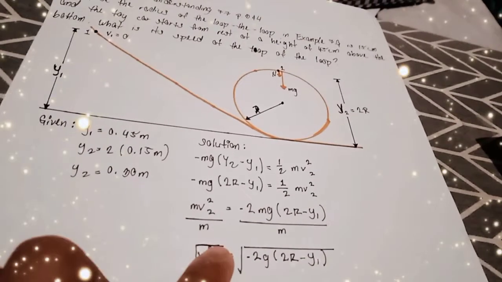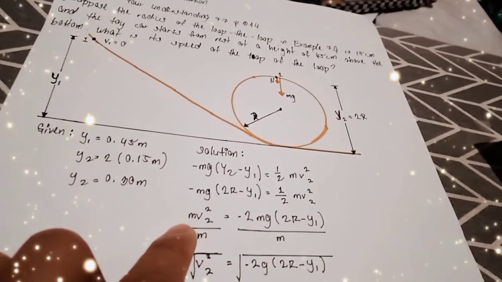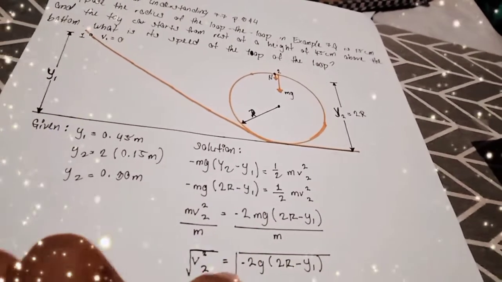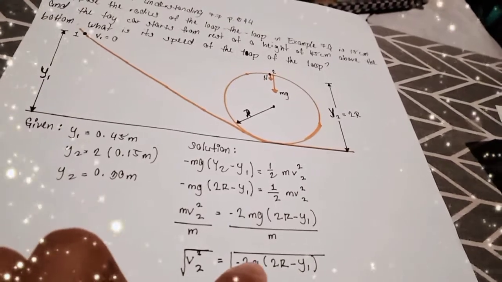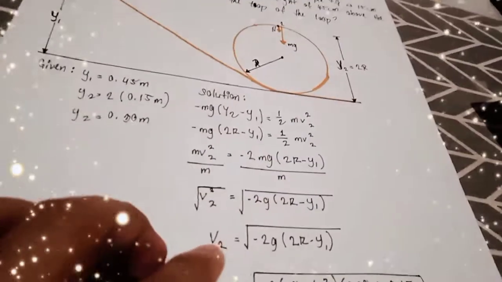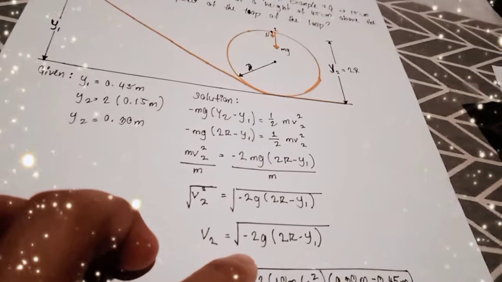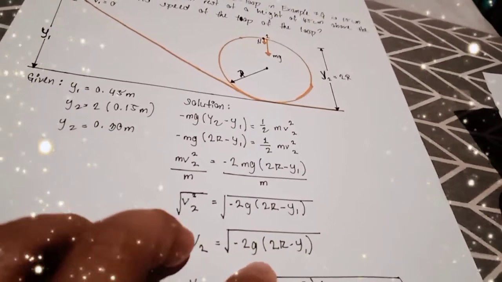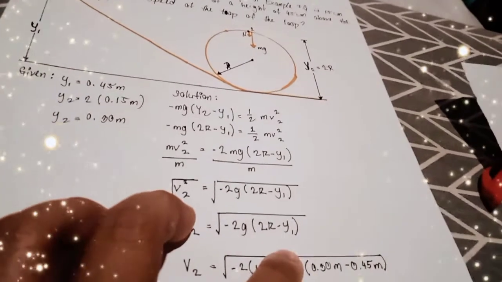The m and m cancel out, so what remains is g. Next is v equals the square root of negative 2g times 2r minus y sub 1.